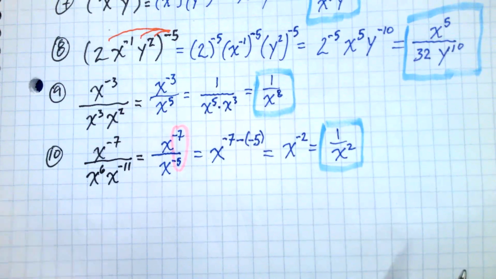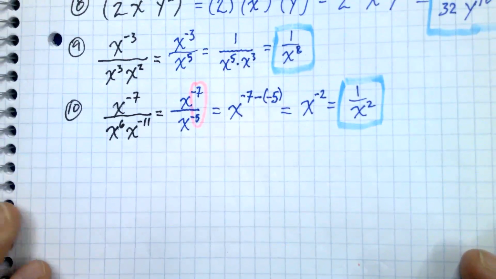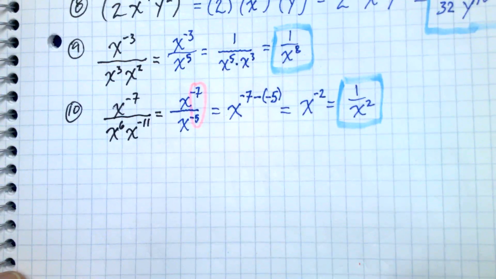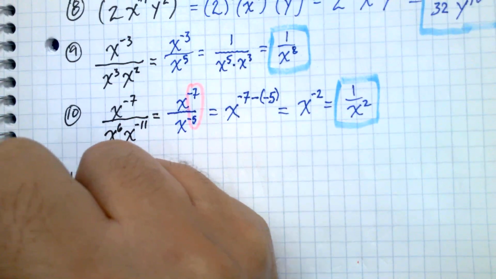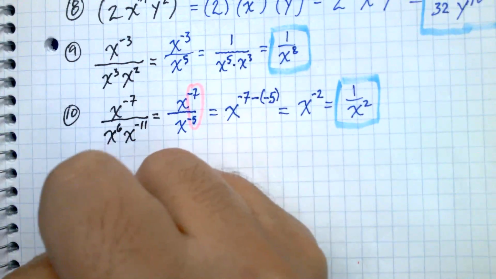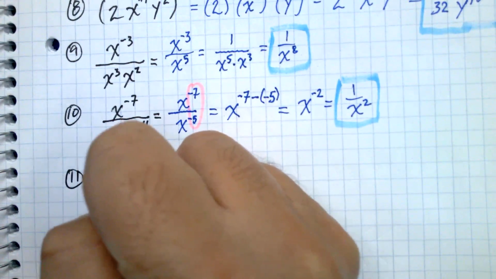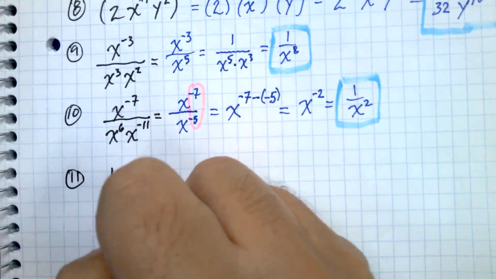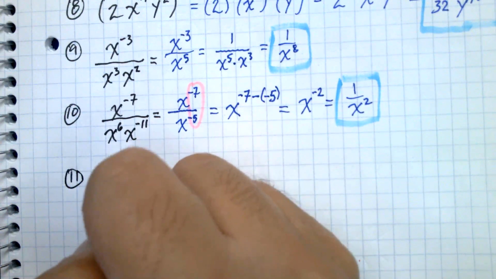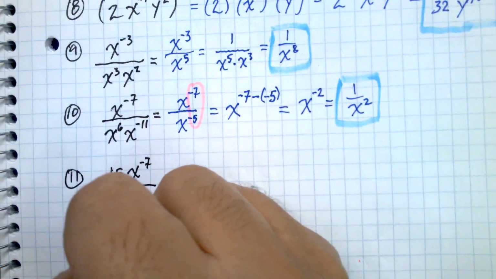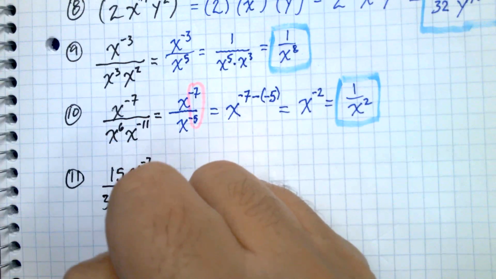So this will be the last one, and this is going to have kind of like all the bells and whistles. Everything we possibly could throw at you is here. Number 11. Ready? So let's do 15 x to the negative 7 divided by 3 times the quantity x to the negative 2, to the 4th.